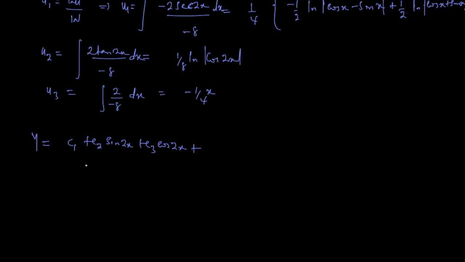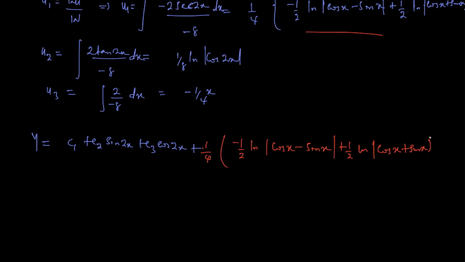So what we get for our yp is going to be the first one, which is u1. This is my u1 here, so that will be 1 over 4 into, it's quite long, half ln of cosine of x minus sine of x plus half ln of cosine of x plus sine of x.